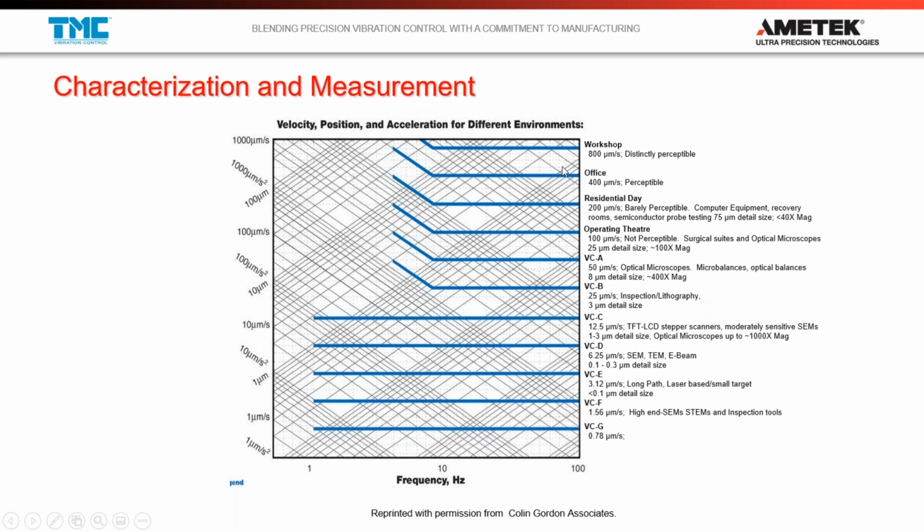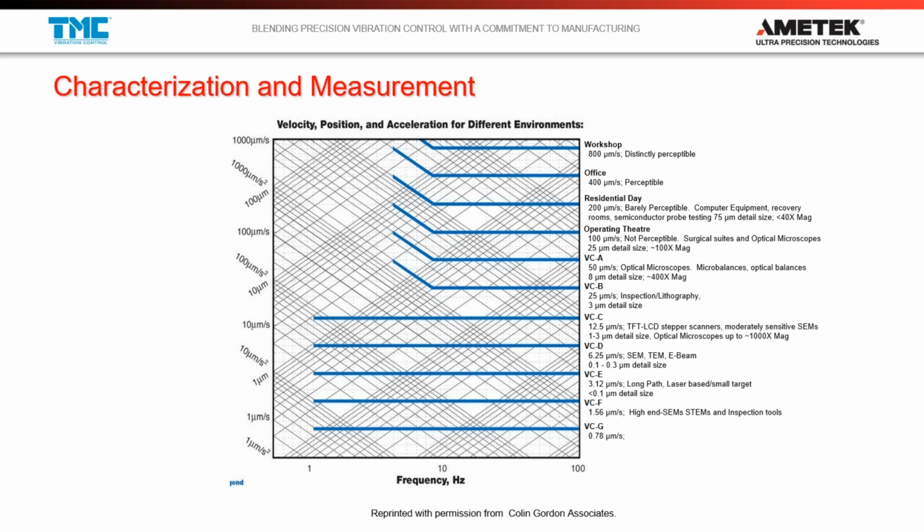If you look at an office, for example, we're looking at vibration levels of roughly 400 microns per second, over a certain frequency range. And that's perceptible. Sometimes you can feel somebody walking in your office. Even operating theaters, where we're doing surgery and using some optical microscopes, are on the vibration curves.